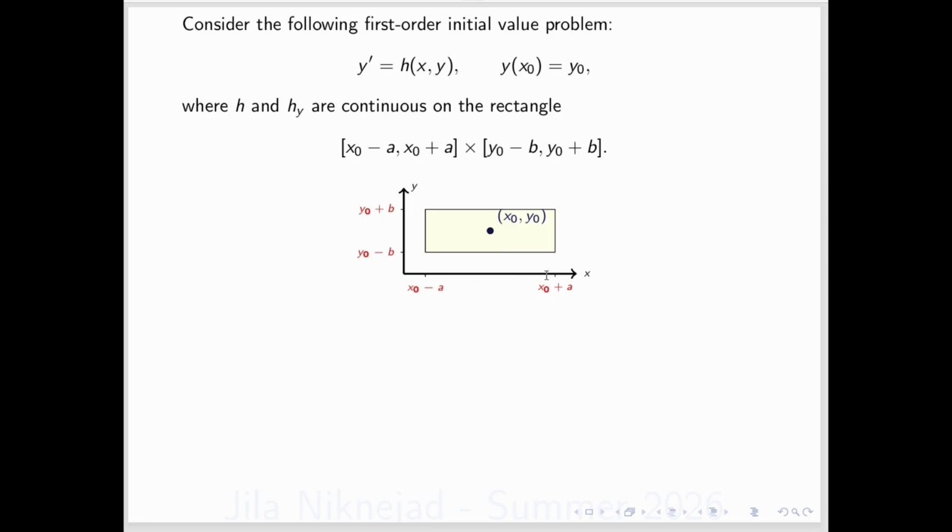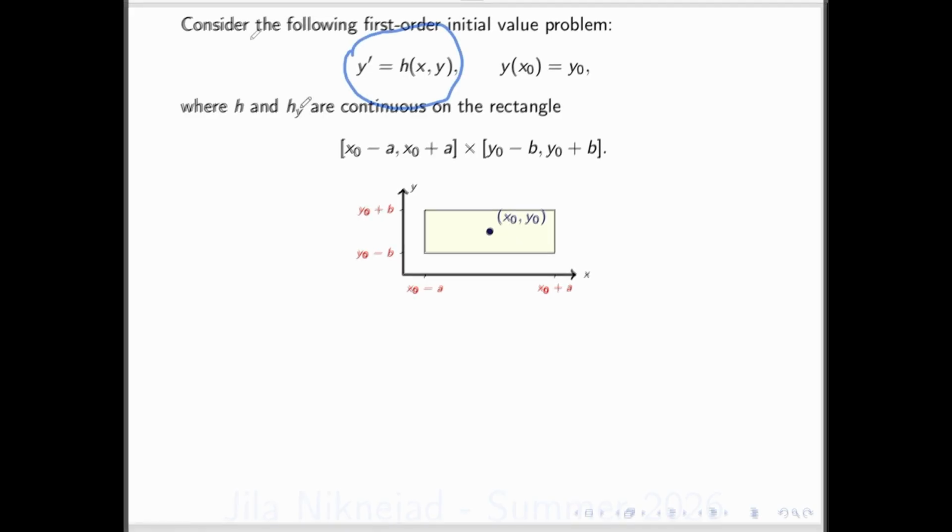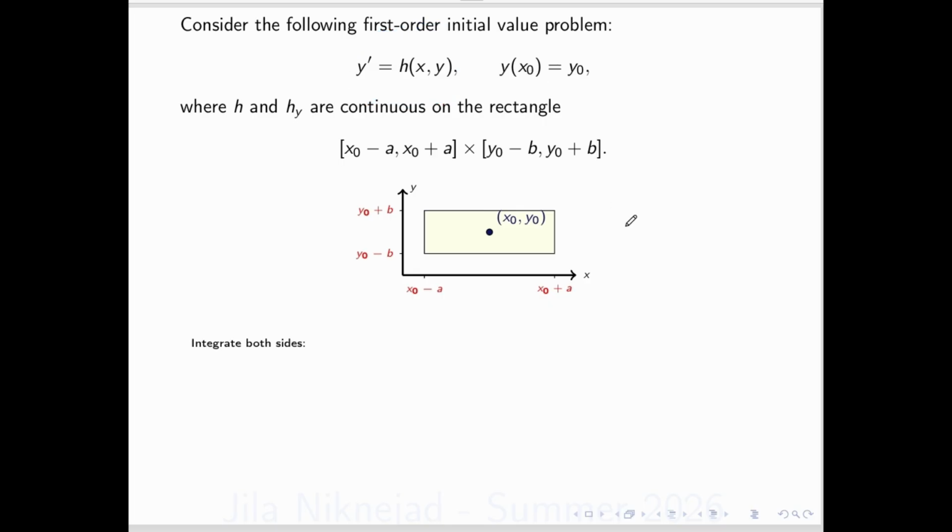To find this recursive relation, we integrate both sides of that equation from x naught to x. That is, the integral from x naught to x of y prime of t dt is equal to the integral from x naught to x of h of t and y of t dt.